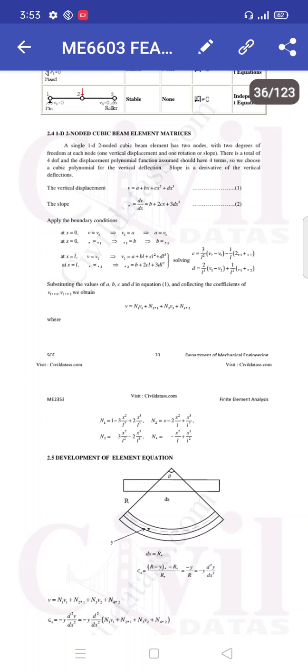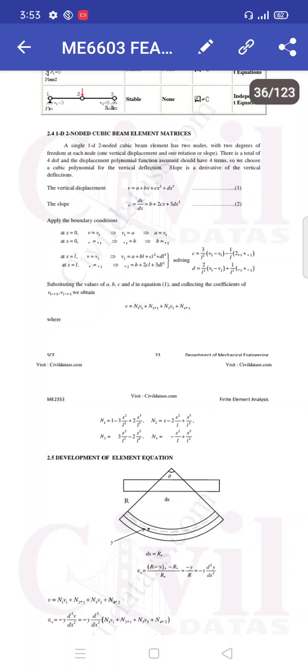The vertical displacement v is equal to a plus bx plus cx square plus dx cube. The slope dv by dx is equal to b plus 2cx plus 3dx square. Apply the boundary conditions.